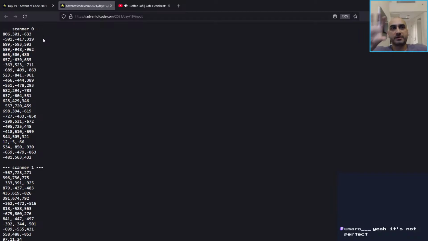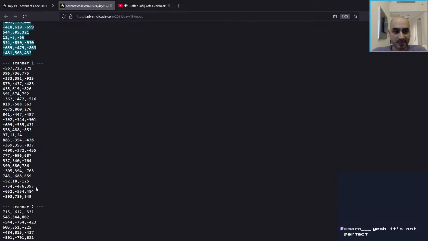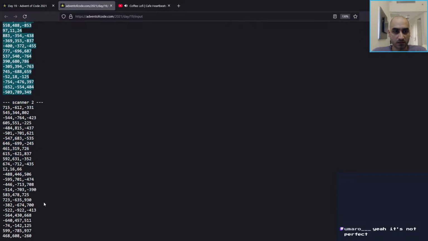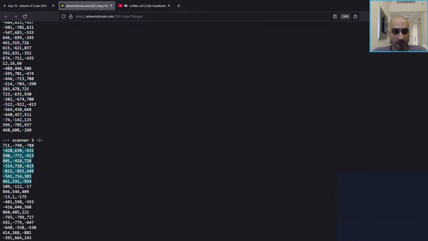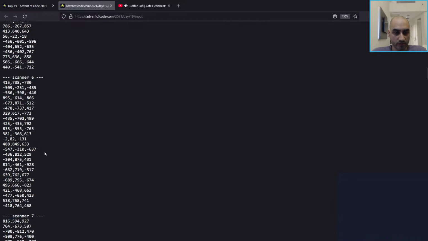You literally just line up the cubes next to each other, literally the cubes are just touching on the corners or something, or just on the edges. So each of these could be completely separate beacons, and no two are common.